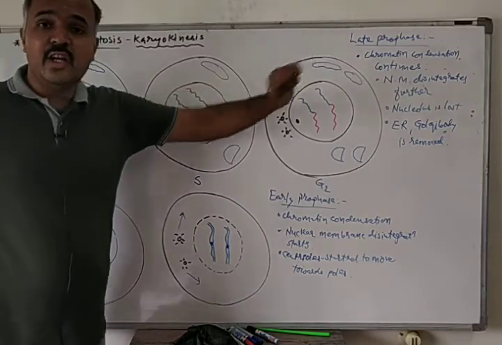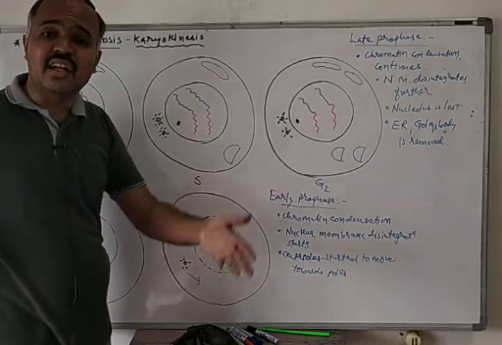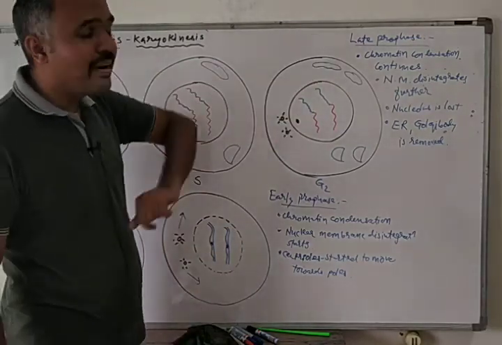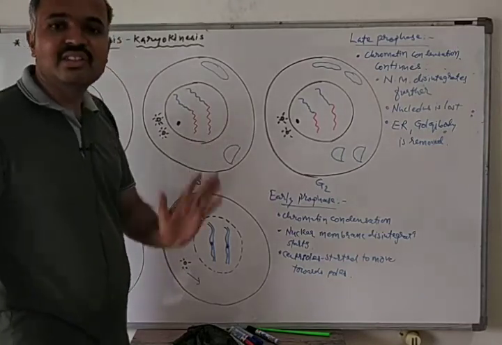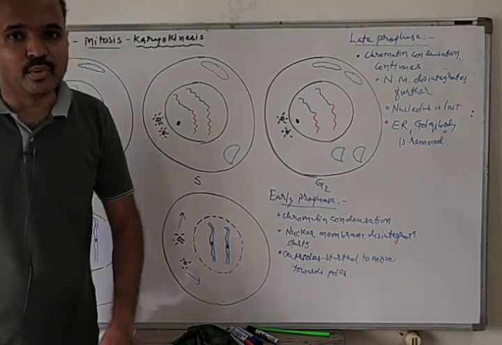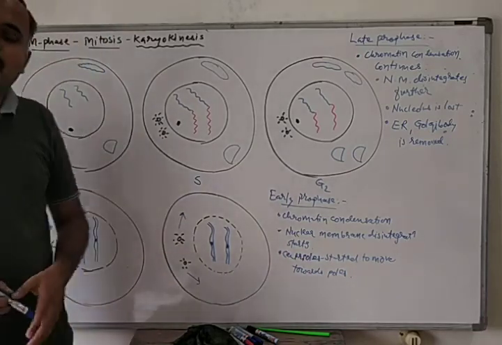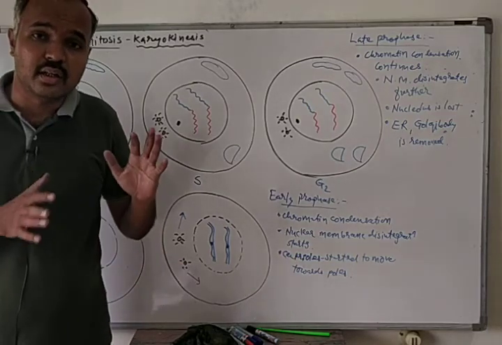Then the late prophase will take place. In the late prophase, chromatin condensation continues, nuclear membrane disintegrates further, nucleolus is lost, and endoplasmic reticulum and Golgi body are removed. So we have learned early prophase and late prophase in the karyokinesis topic.